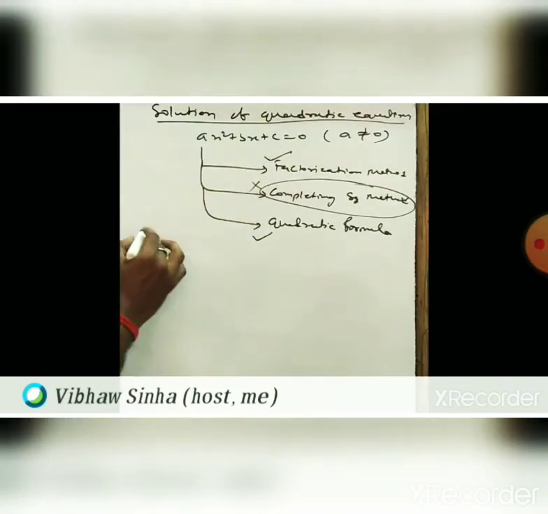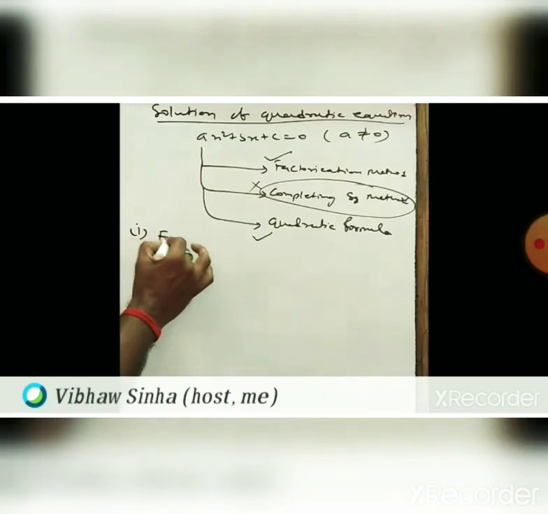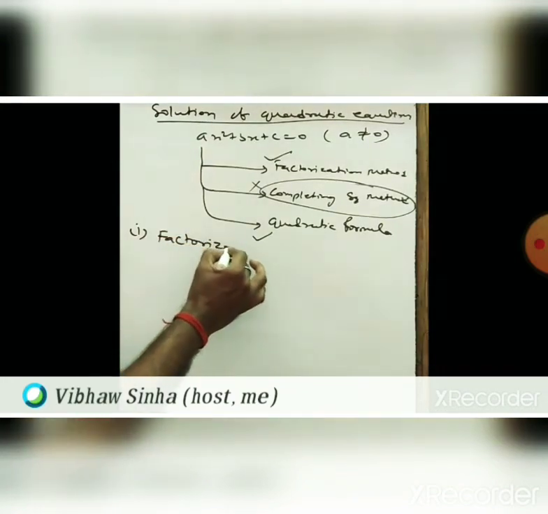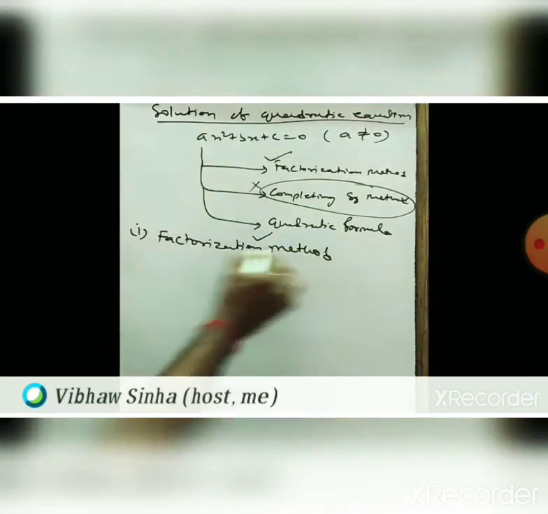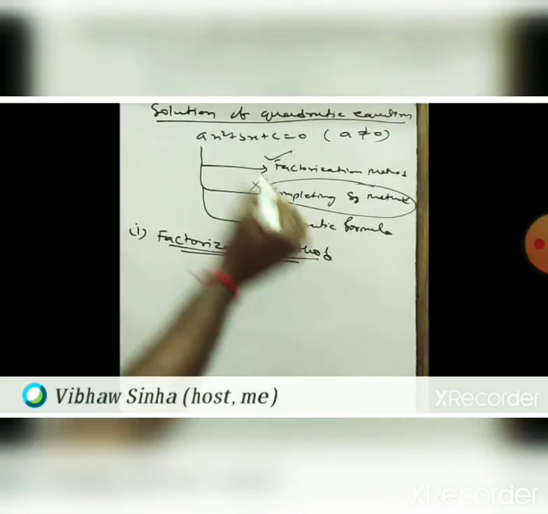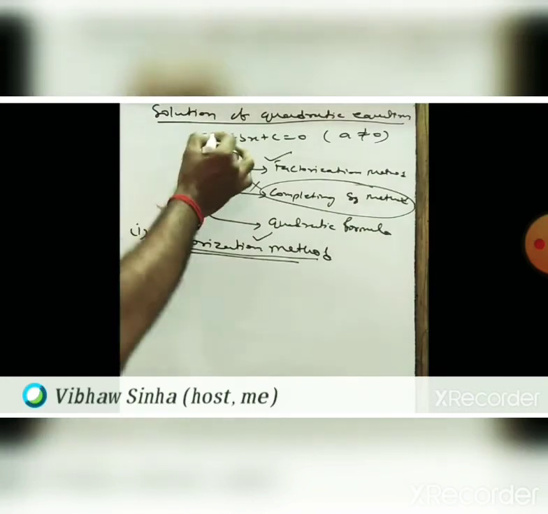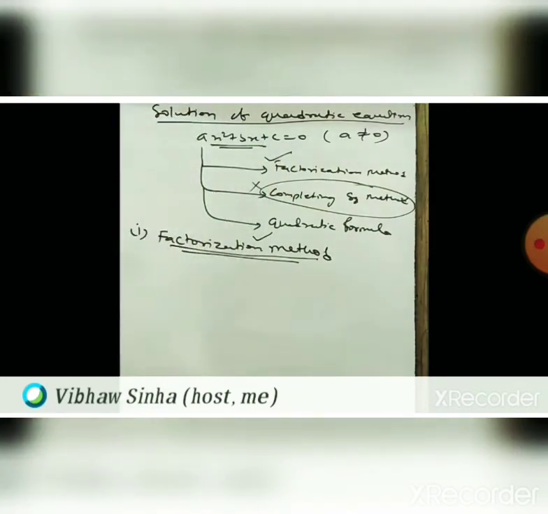In the factorization method, first see the first one. Here we will use the middle term split, because a quadratic is factorized by the middle term split.